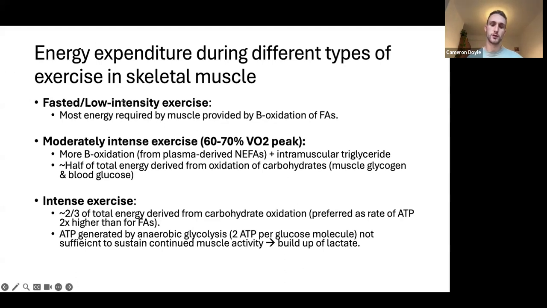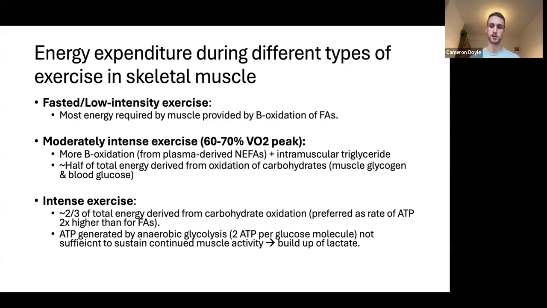So this is how it changes. In fasted, low intensity exercise, you can get most of your energy from beta oxidation because you've got the time, essentially. If you're doing quite intense exercise, you've got more beta oxidation happening, but you've also got increased use of glucose. And then in intense exercise, it flips the other way.